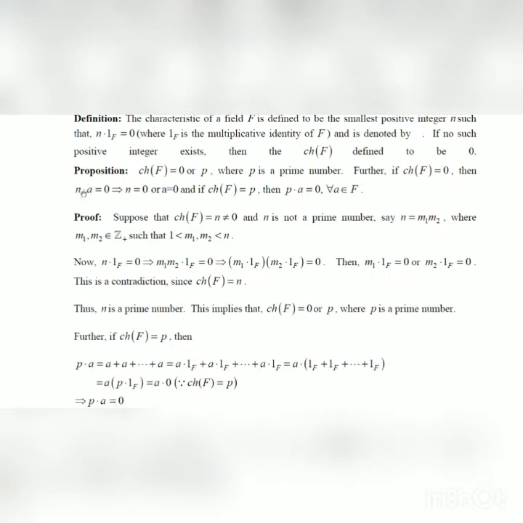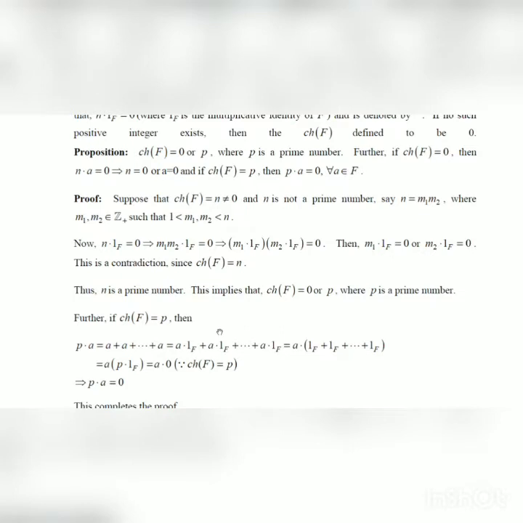And so if P into A equal to 0, then either P equal to 0 or A equal to 0. Why?